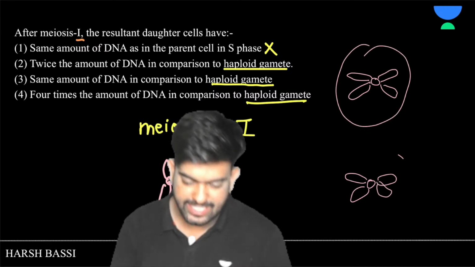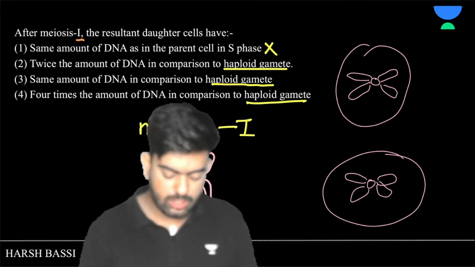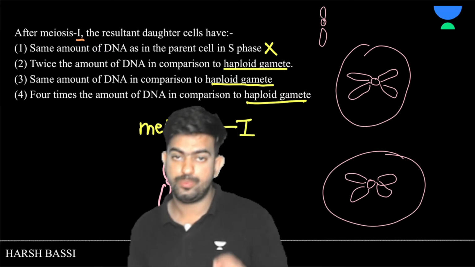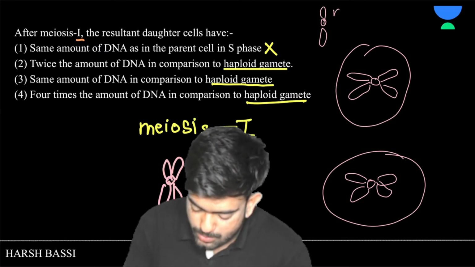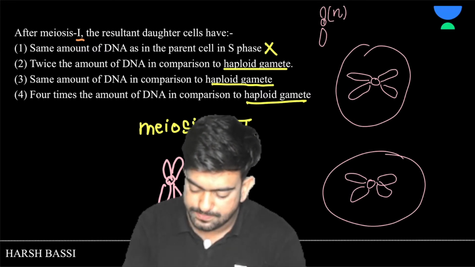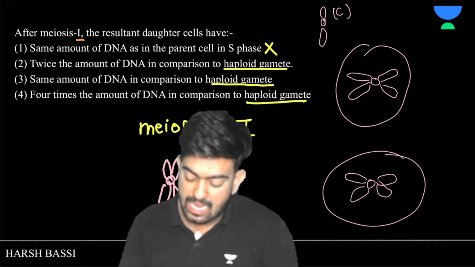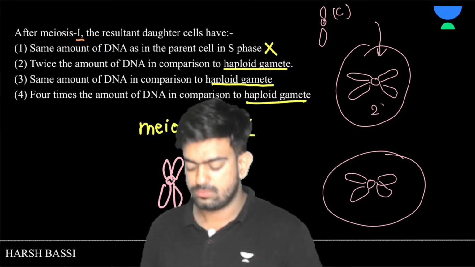In telophase they developed a cell membrane and cytokinesis took place. In the gamete they have this much chromosome, only this much. If I take this as C, then according to the gamete, the amount of DNA at the end of meiosis 1 is 2C. Yes or no?